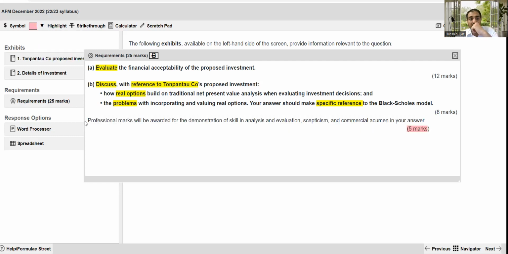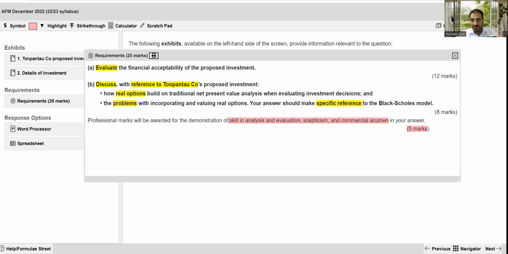With a section B type question, a maximum of 3 professional skill marks can be examined: analysis, evaluation, skepticism, commercial acumen. The fourth one, communication, the examiner will always examine with question 1, the 50 marks part, not with B part questions. So with B part questions, either all 3 or any 2.